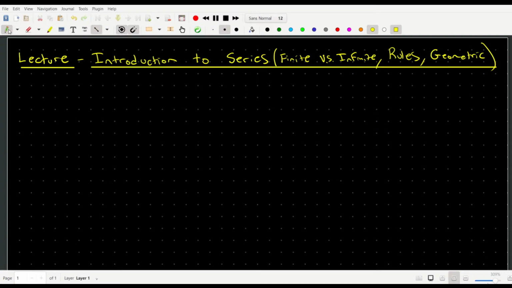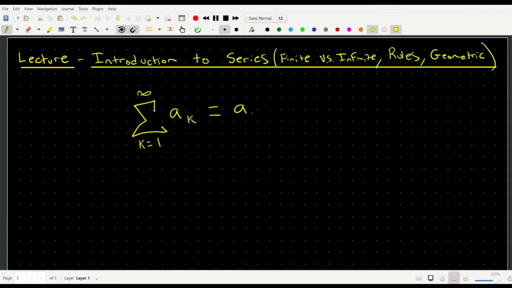So the idea here is we want to make sense of something of the form where you have the summation symbol, sometimes called the sigma symbol, for k from 1 to infinity of some sequence ak.